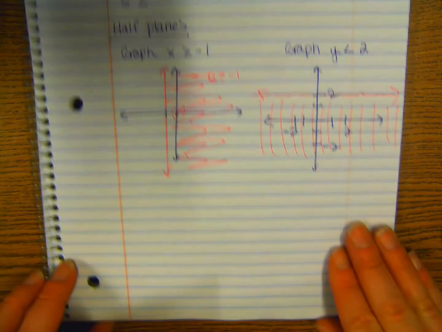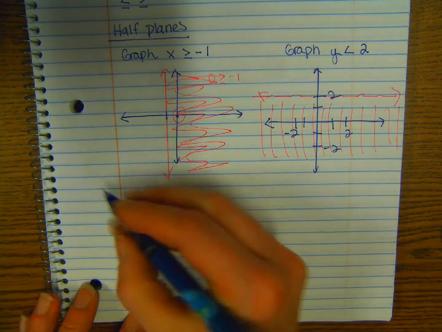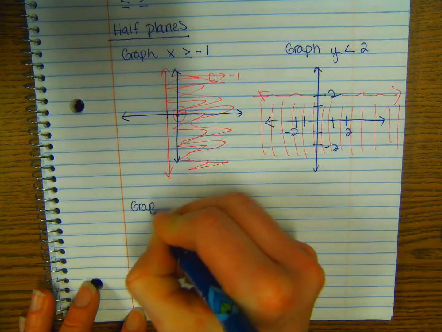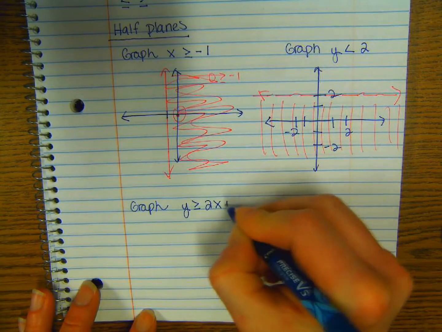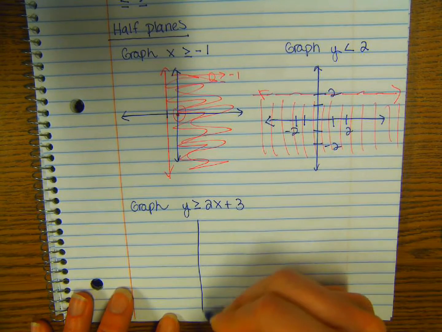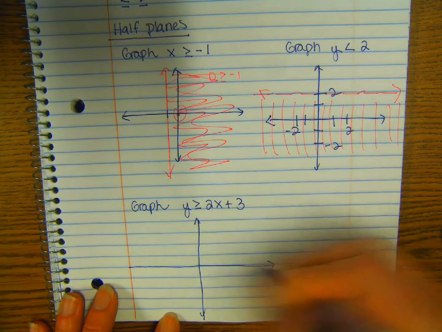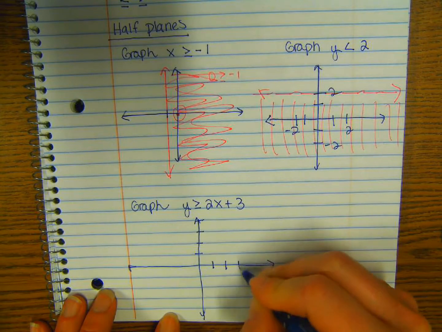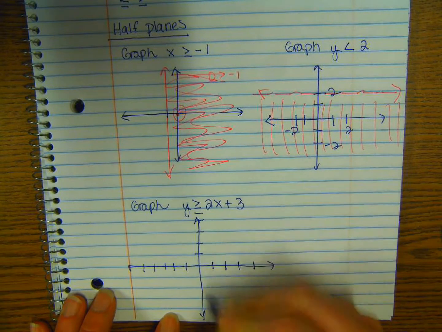So let's do one more half plane on this paper and then we'll move on to systems. If I asked you to graph something in slope-intercept form, y is greater than or equal to 2x plus 3. I'm going to just do a scale of, well, I guess I could do 5s.